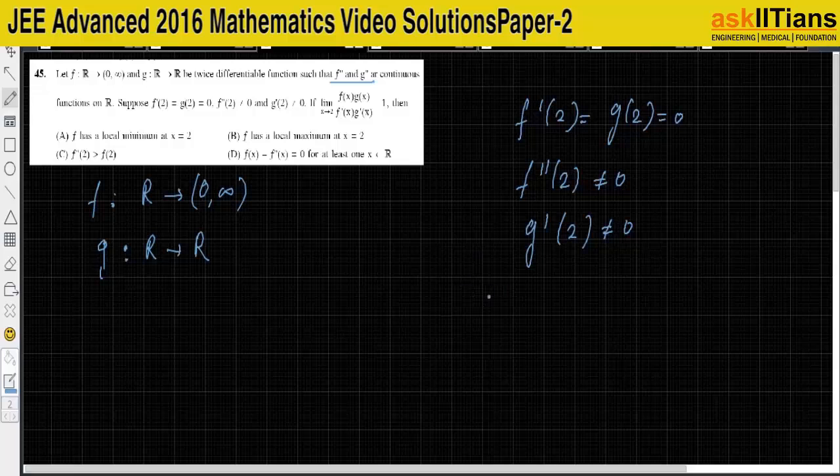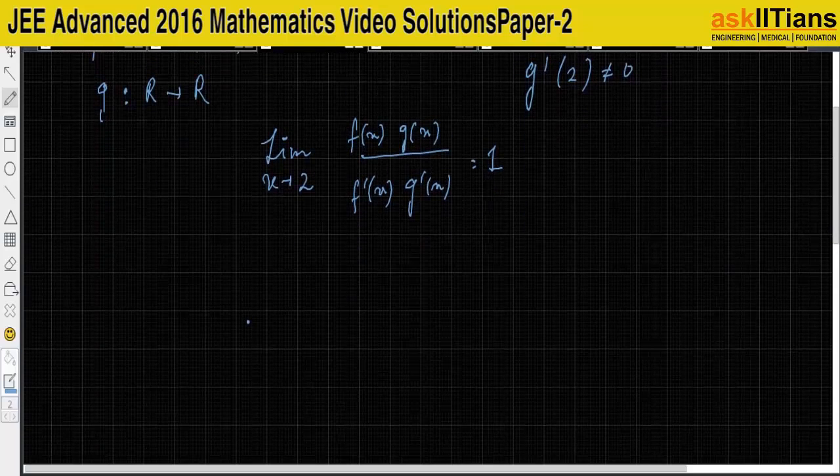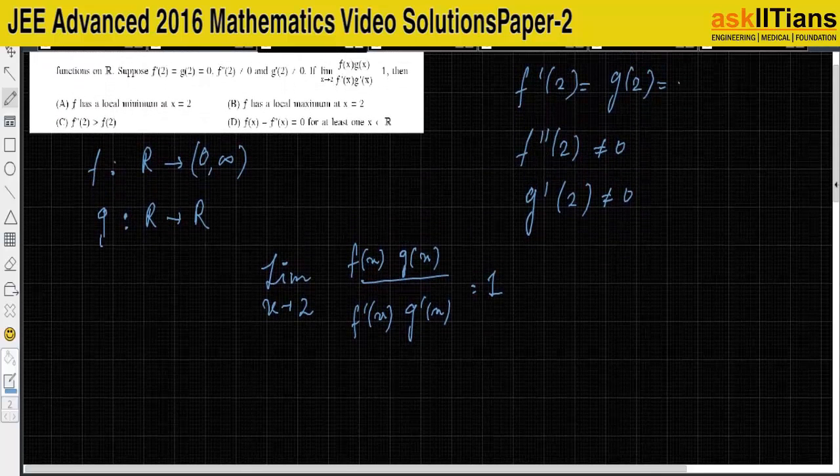Then it's also given that the limit of this quantity at x tending to 2, that is f x multiplied by g x divided by f dash x multiplied by g dash x, this limit is 1. Actually, what I can do is, see, f dash 2 is 0, so this is 0 by 0 form.